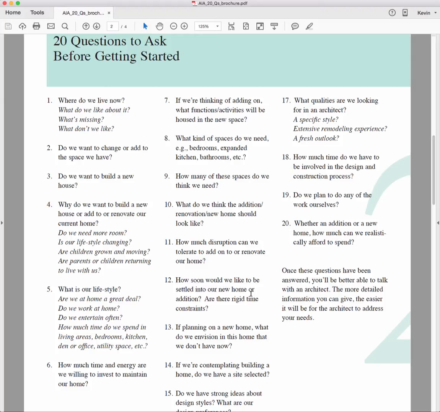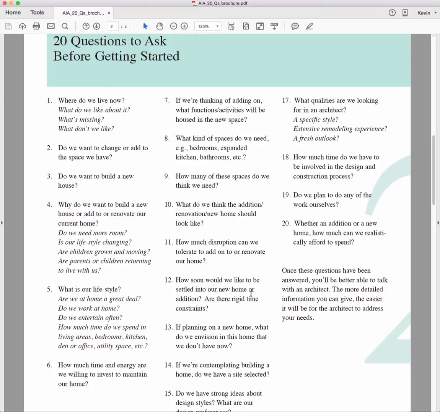Do we want to build a new house? Those are very much the kinds of questions that a systems analyst would ask a potential client in the systems area. But instead of talking about living space, we'd be talking about information systems.